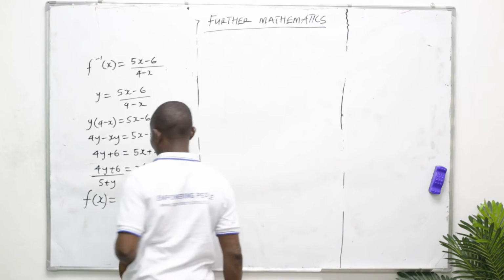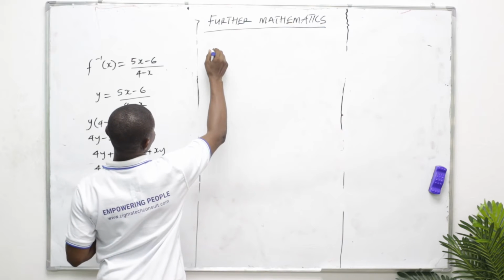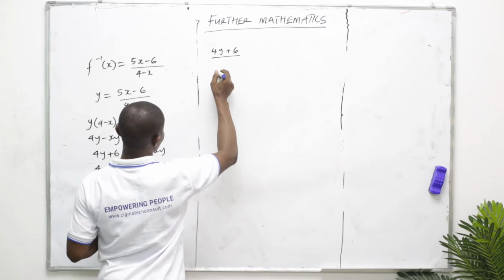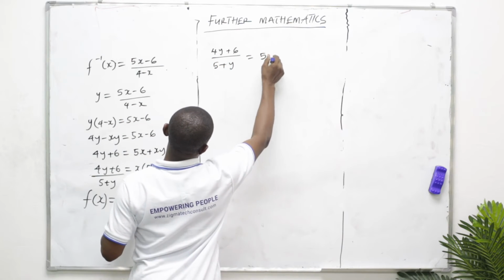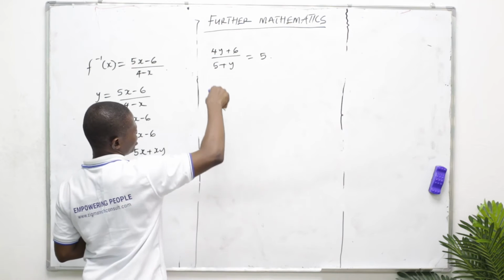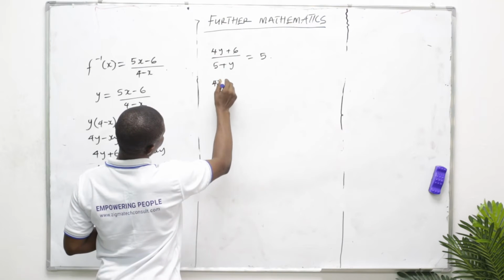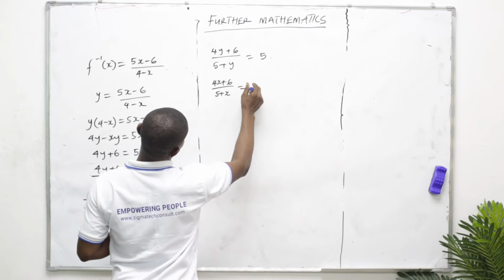So they're interested in the value of x. So I will let you know that 4y plus 6 all over 5 plus y equals to 5. But they are interested in value of x. So you are replacing this. So 4x plus 6 all over 5 plus x equals 5.